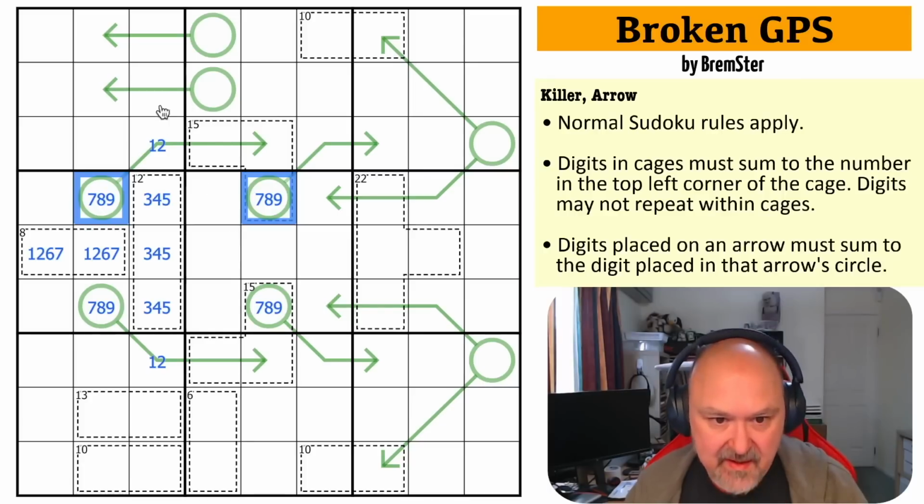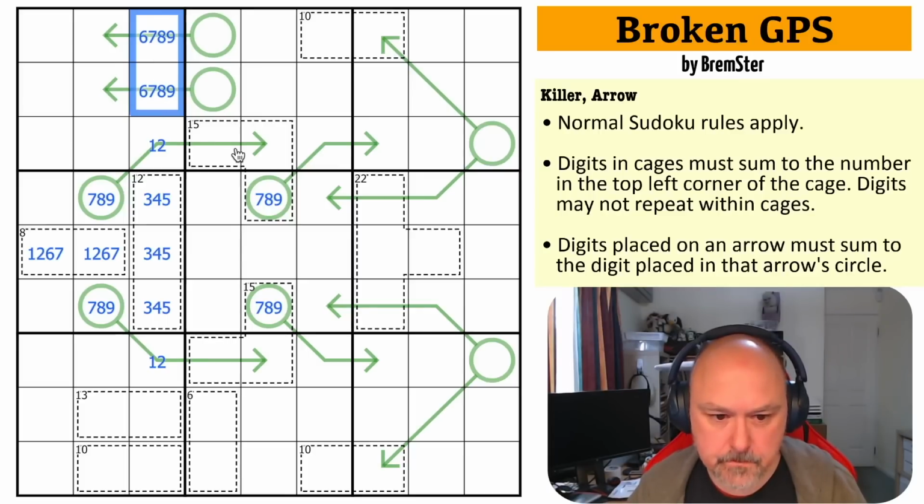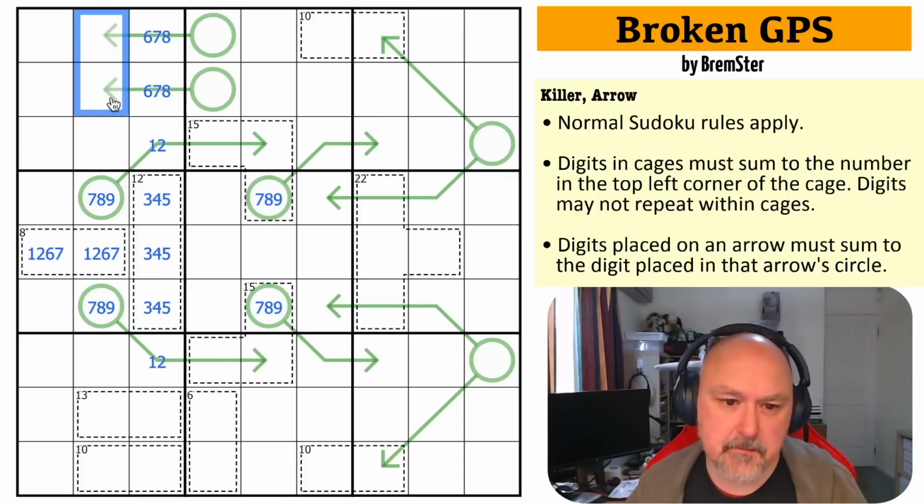Now, these digits up here are now forced to be quite high. These are from 6, 7, 8, 9. And you can't put 9 on an arrow. I can't put a 4 in here, or anything higher than a 4 in here, because 4 plus 6 would mean 10.